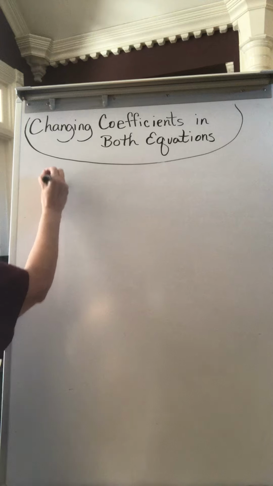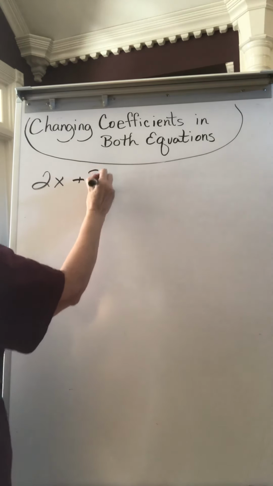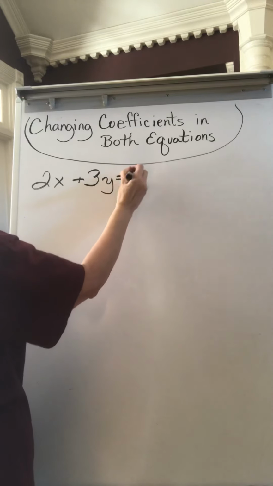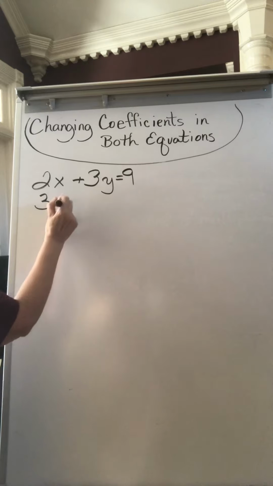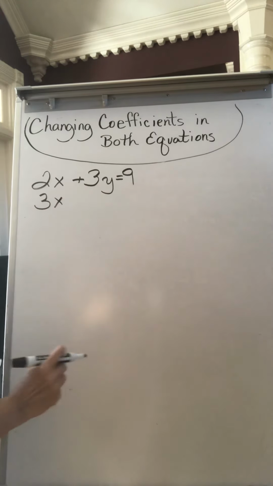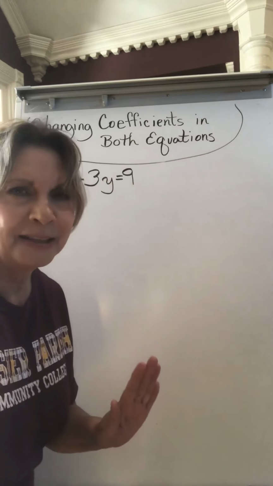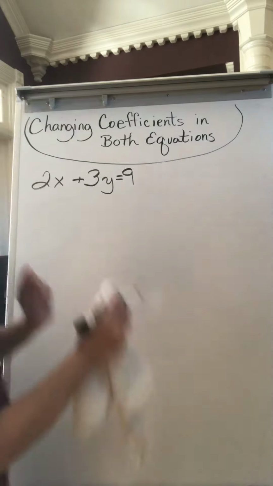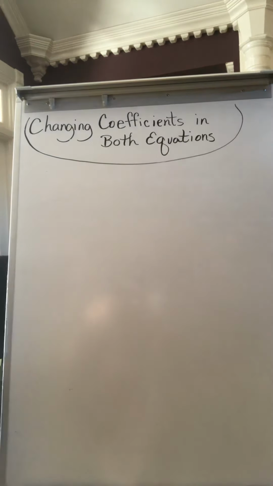We have 2x plus 3y equal 9 and 3x, oh, hang on, that's not the right one. Backing up, everybody. Picked the wrong problem for this one. Let me start over. On the wrong page. Here we go.